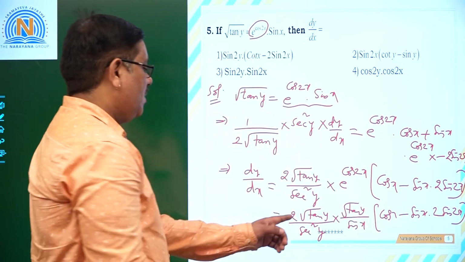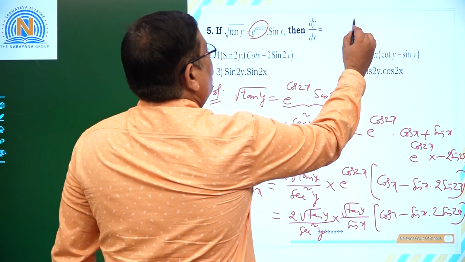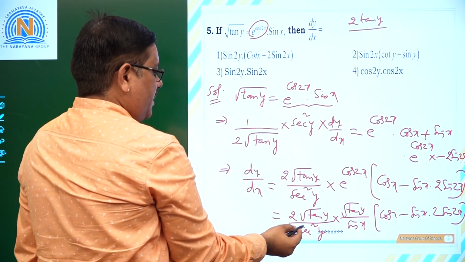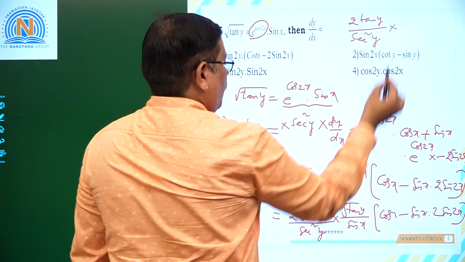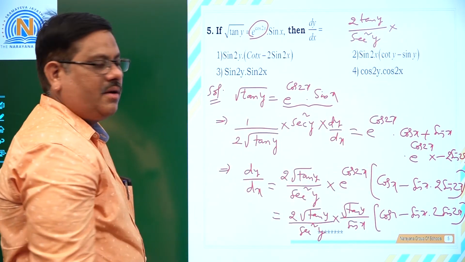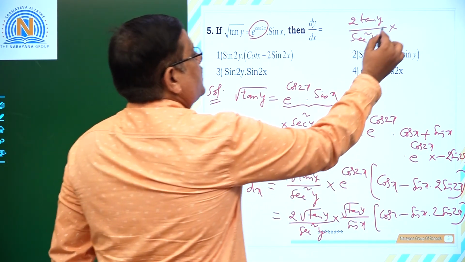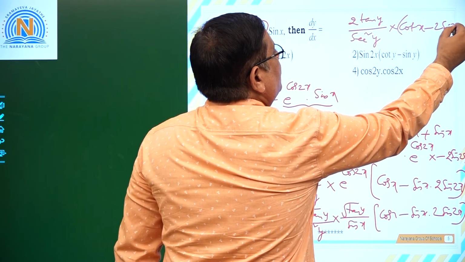Further simplification, 2 root tan y into root tan y, that is 2 tan y. So we have 2 tan y by secant square y into, here multiply with sin x inside. So cos x by sin x is cot x, sin x cancels. So it is simply cot x minus 2 sin x.